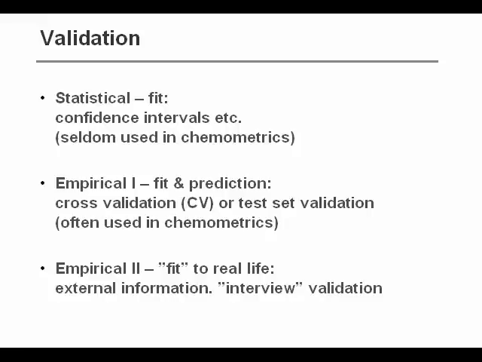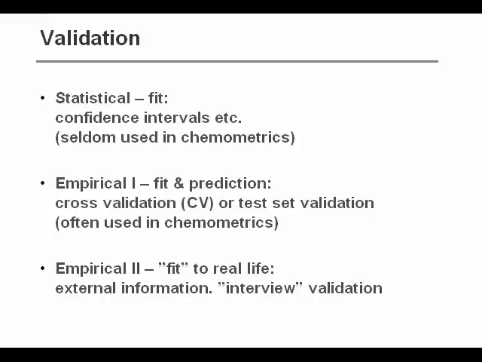Little is known about the statistical properties of different chemometric models. But there are also some philosophical reasons not for using that. For example, we do not want to trust entirely statistically based measures. We want to show in reality that the model we build will work, for example, on new samples.